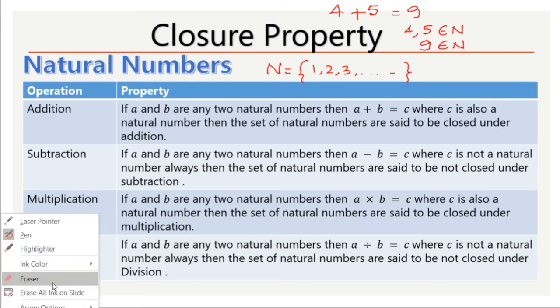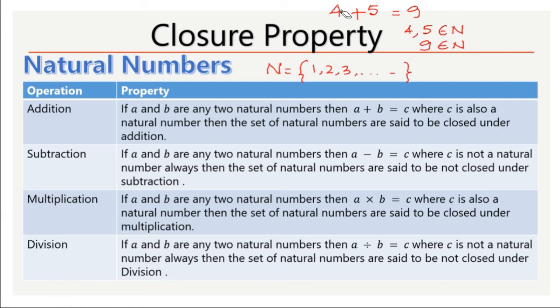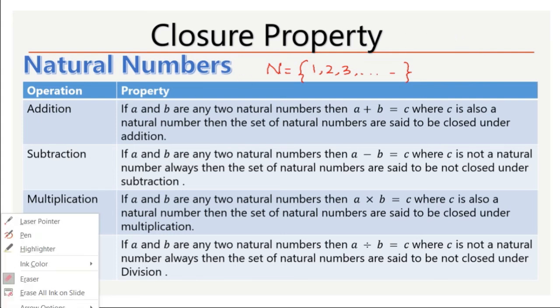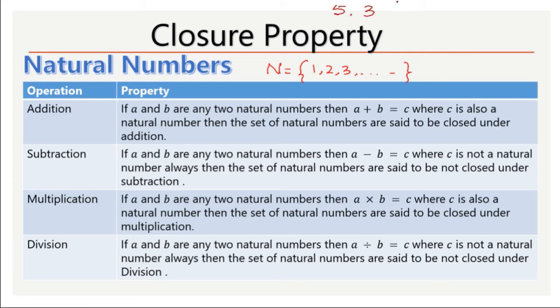Now if I consider other two elements, suppose I take 5 and 3, their difference 5 minus 3 is 2. 2 is present in the set of natural numbers, but then if I consider 3 minus 5, we get negative 2.